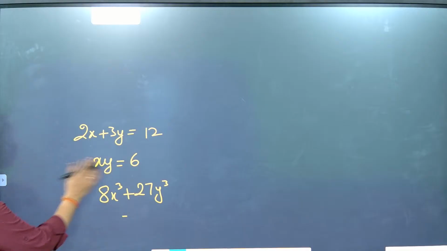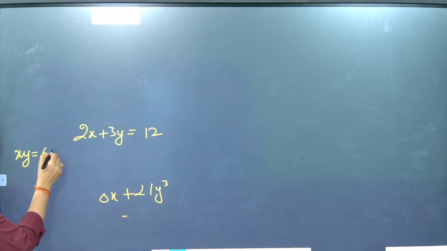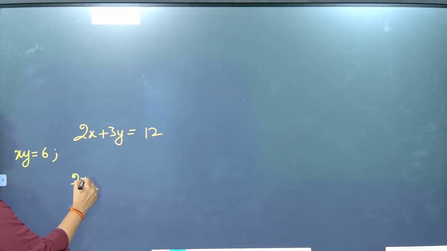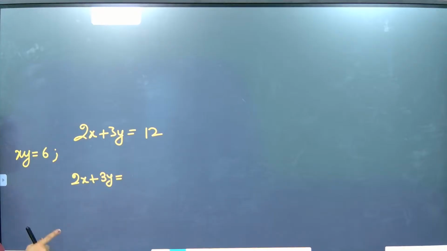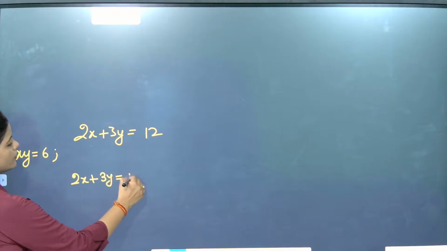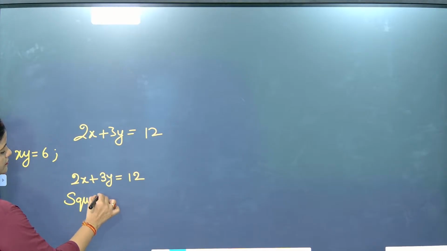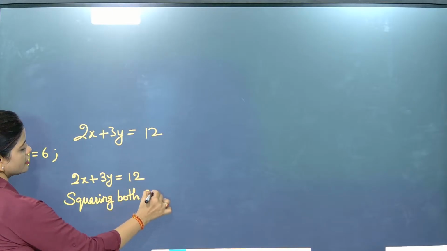Now look here, I am solving. xy is equal to 6 given, and they are asking the value of this. So first, beta, what is the question given? 2x plus 3y equal to 12 given. So what will we do? We will write squaring both sides.